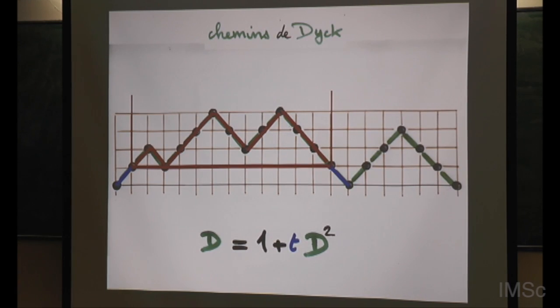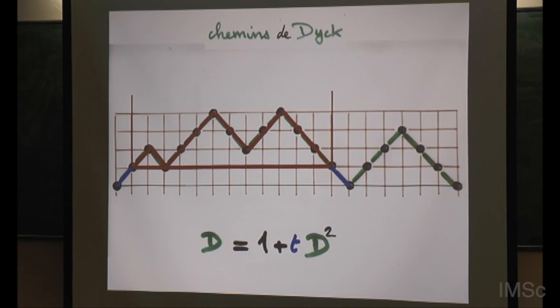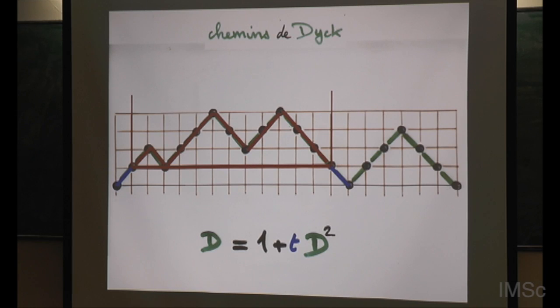A Dyck path can be considered: I take the number of Dyck paths of length, the length is even, of length 2n. So I take the generating function, the sum over n of an t to the power n, where an is the number of Dyck paths of length 2n.